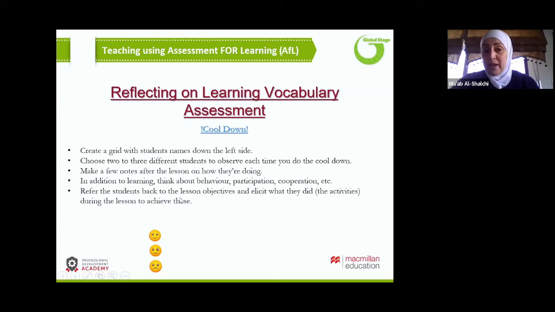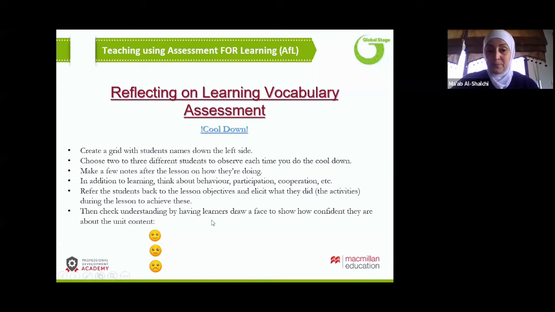Refer the students back to the lesson objectives and elicit what they did, the activities during the lesson to achieve these. So we always, like we said, we always refer back and check. Check understanding by having learners draw a face to show how confident they are about the unit content.